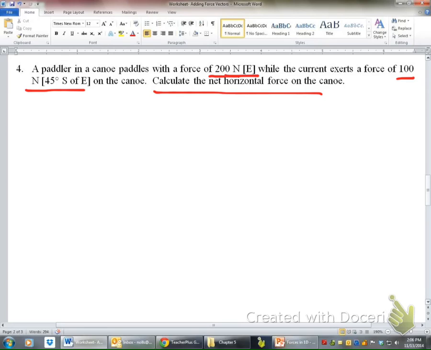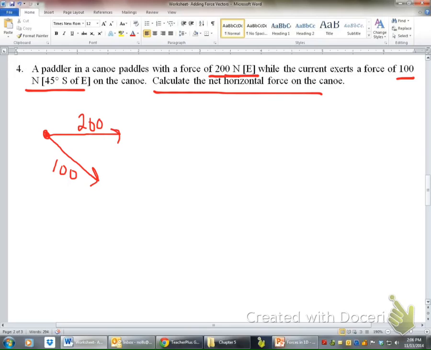Okay, so let's draw our free body diagram here. East is the positive direction. Okay, so this would be 200. And we also have a force at 45 degrees this way, and it's 100 newtons.